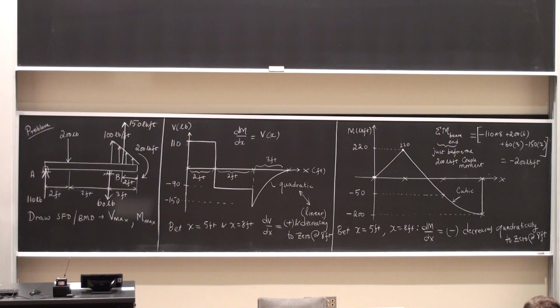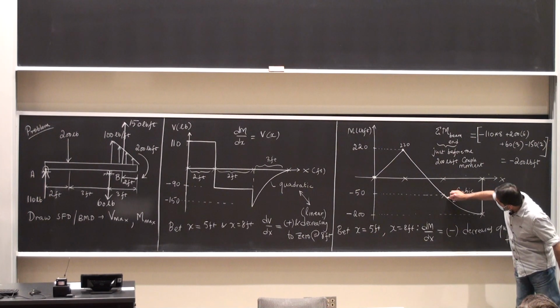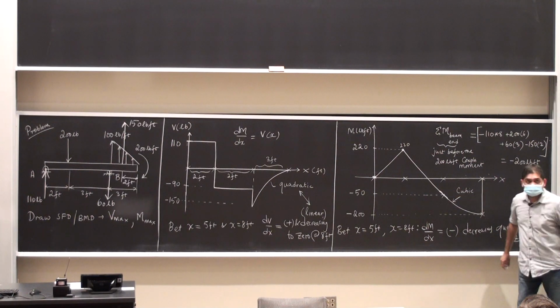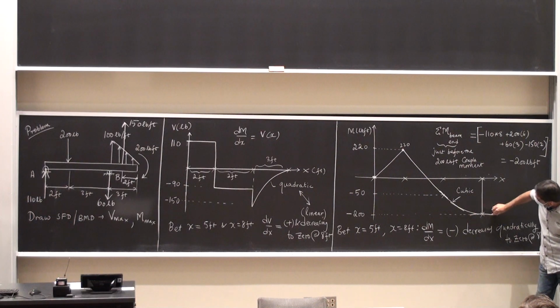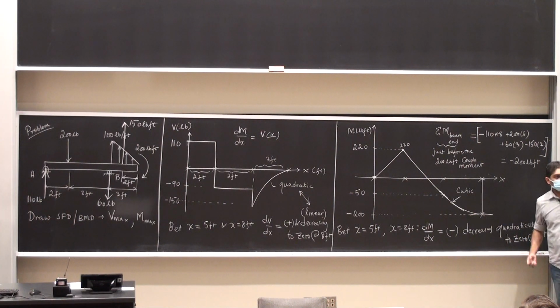It is decreasing quadratically to 0 at 8 feet. And so the curve is going to be a cubic, which will start at the same slope, continuity. And then it will keep going. The slope is decreasing, as you can see, and then eventually the slope becomes equal to 0. Then it pushes back. This is the bending moment. Right?